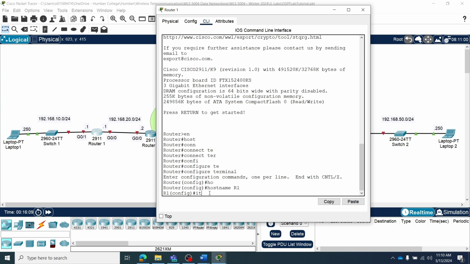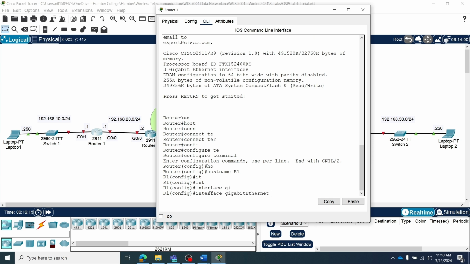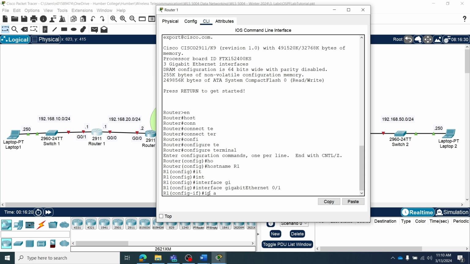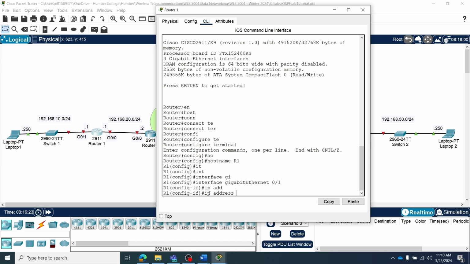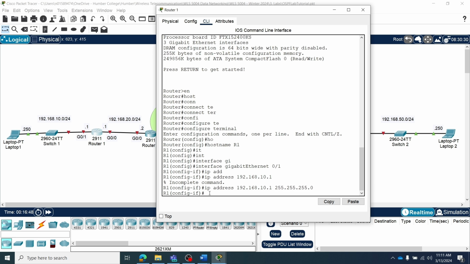Interface gigabit Ethernet 0/1, IP address 192.168.10.1, then 255.255.255.0. 255.255.255.0 is the subnet mask.